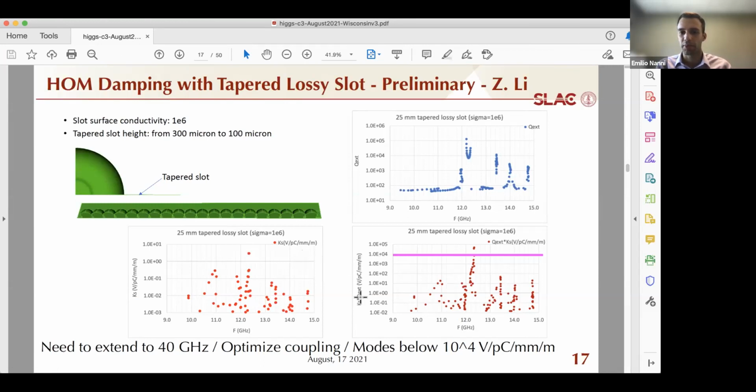And when multiplied with the quality factor for those modes, it should be less than 10 to the 4. So just a couple of them are outside of this range, and so we need to do a little bit of optimizing further. And then we also need to push these simulations out to 40 gigahertz in order to prove that the damping would be good over the full needed range for the main LINAC.